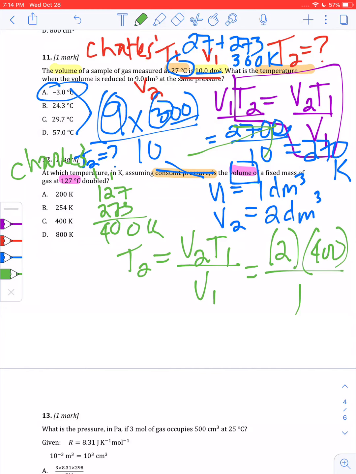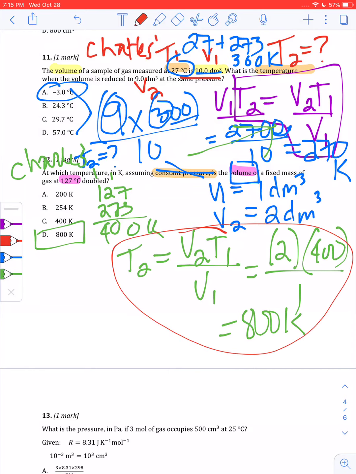So I have 2 times 400 divided by 1. Okay, and then 400 times 2, that would be 800 Kelvin, so your answer should be D. But again, you don't have to go through all of this math if you just convert the temperature to Kelvin, and then if you look at the fact that it tells us the volume is doubling, if I know that volume and temperature have a direct relationship, so if the volume goes up, the temperature is going to go up by the same factor.